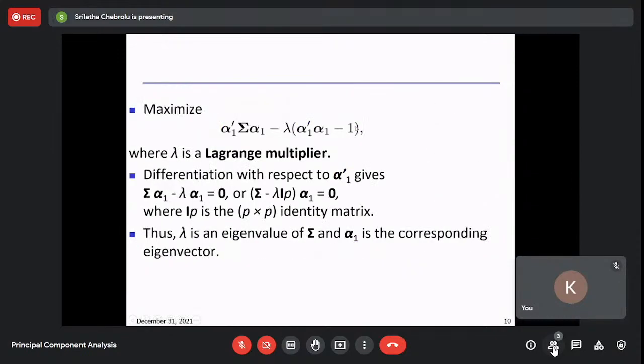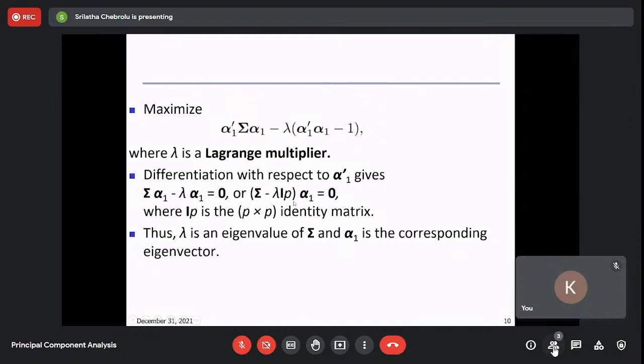So we are using the Lagrangian formulation to solve this optimization problem, using the Lagrangian multiplier, differentiating with respect to alpha 1 transpose and equating it to 0. Then we will get the maximum value.